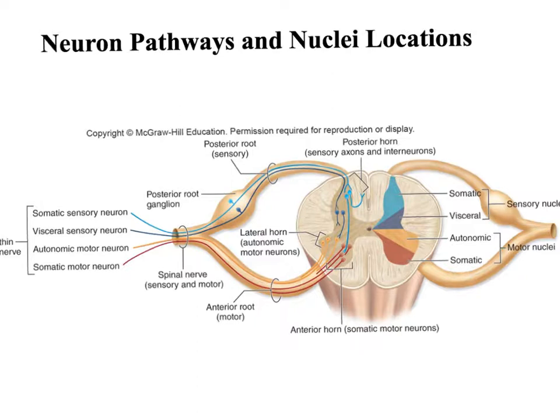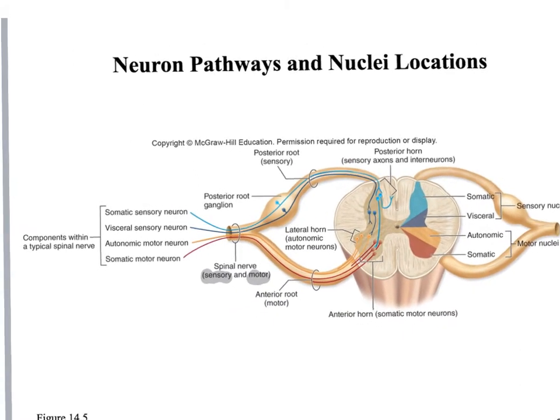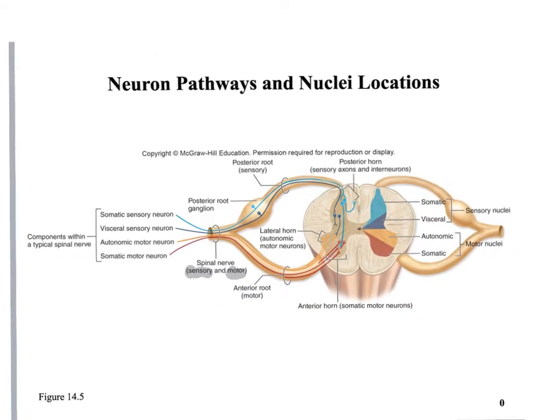This whole thing is a spinal nerve, and it has both sensory and motor information. That means it has to have afferent neurons, coming in, and efferent neurons, going out. Spinal nerves typically have a number of different neurons.